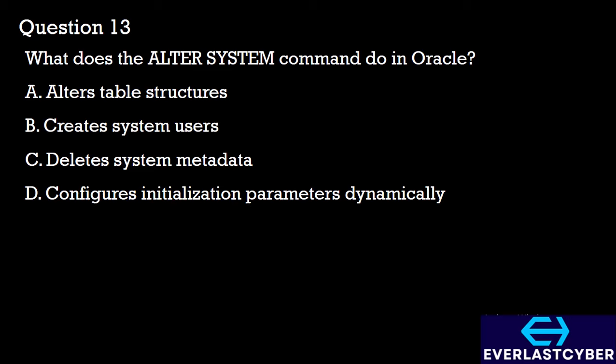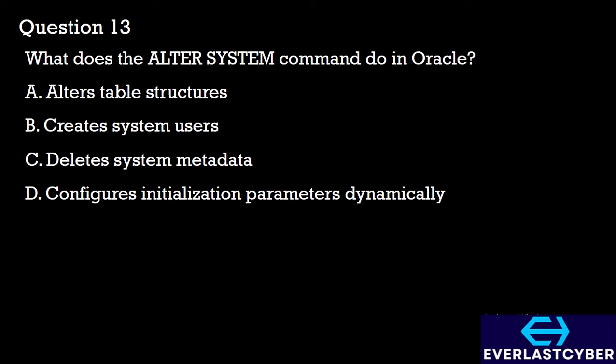In option A, to alter table structures, the alter table command is used and not alter system, like we have in the question. In option B, creating system users is done using the create user command and not the alter system. In option C, alter system does not delete system metadata.